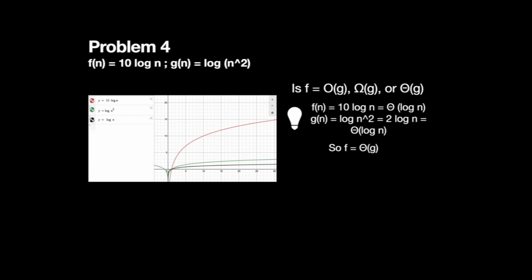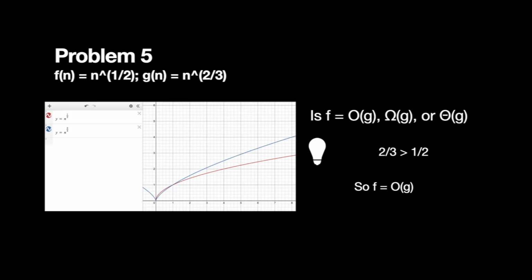After dropping the constant 10 from f, it is of the order of n. And as for g, log of n squared can be reduced to 2 log n, and when that constant 2 is dropped, it is also of the order of log n. And hence, f is big theta of g, since they are both equal to each other for the bounds.